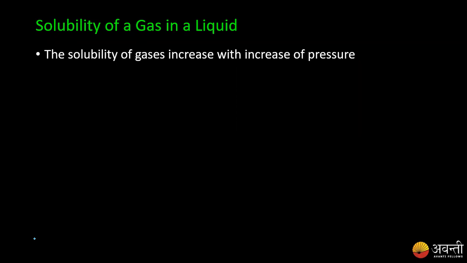That is not possible normally, but we can do that by applying some pressure. If you increase the pressure, the gas particles can come closer. That is exactly what we want for our gas to dissolve in liquid. So the solubility of a gas in liquid will increase as you increase the pressure.